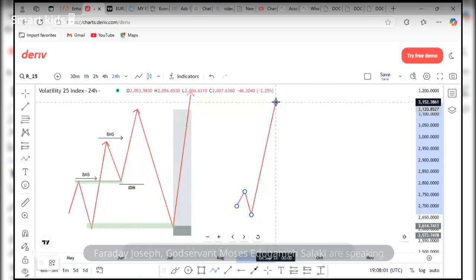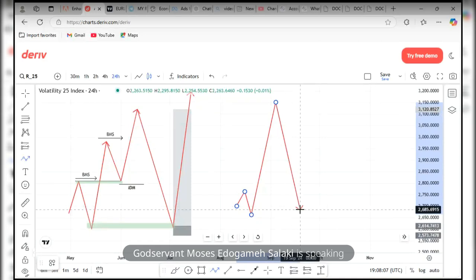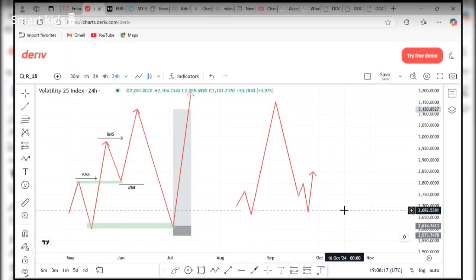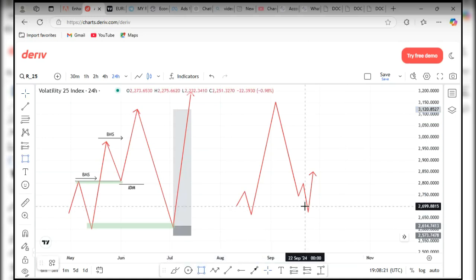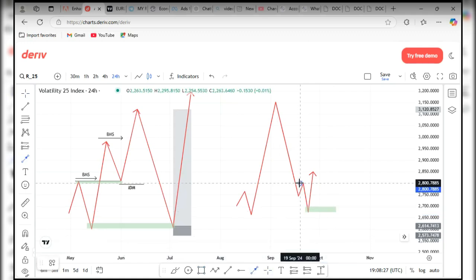When price came here, this is what price did. Price came to this zone, or like this. Okay, let me do it like this. Came here, and price broke. So instead of waiting for price here, the first place to look out for price is this zone. That's the first place.